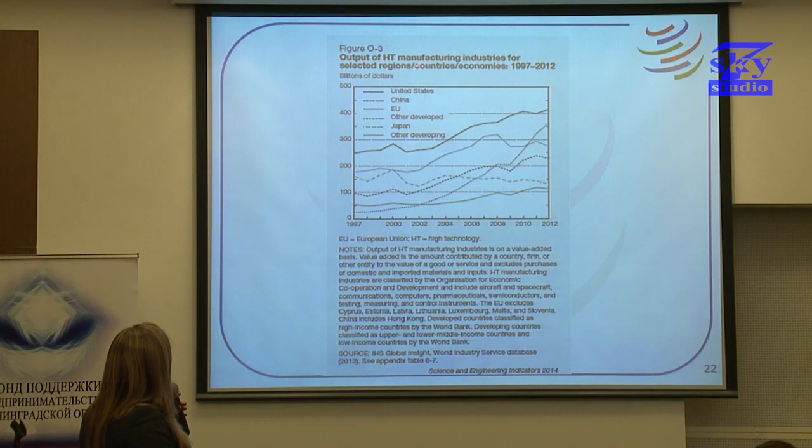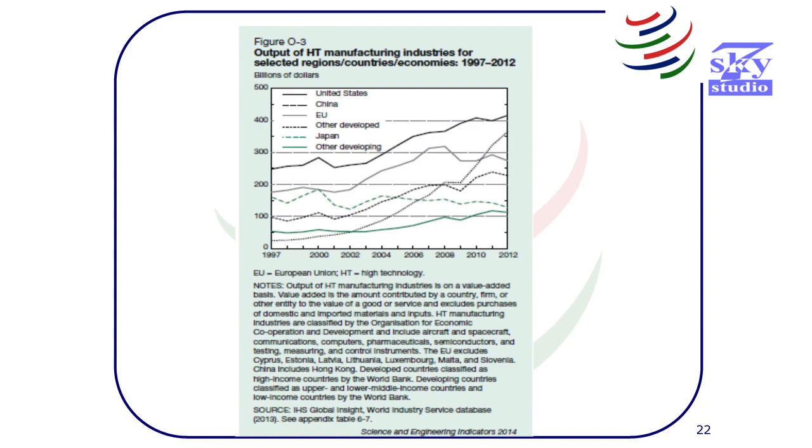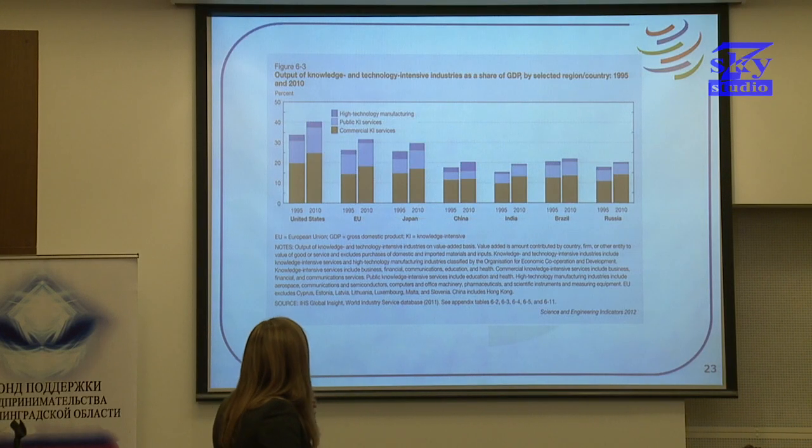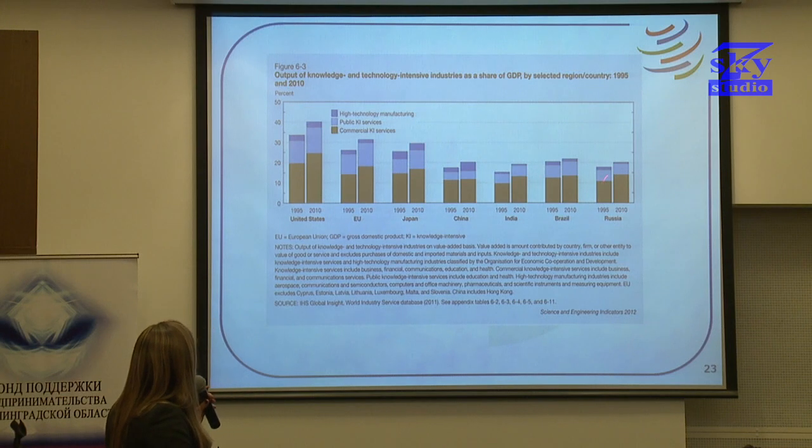Here we see the output of high technology manufacturing industries for regions. Again, we don't have specific figures for Russia, unfortunately. We see again that here we have a big increase. So developing countries are really on the rise in terms of high technology manufacturing, which is good news for development. Here we have specific figures for Russia.